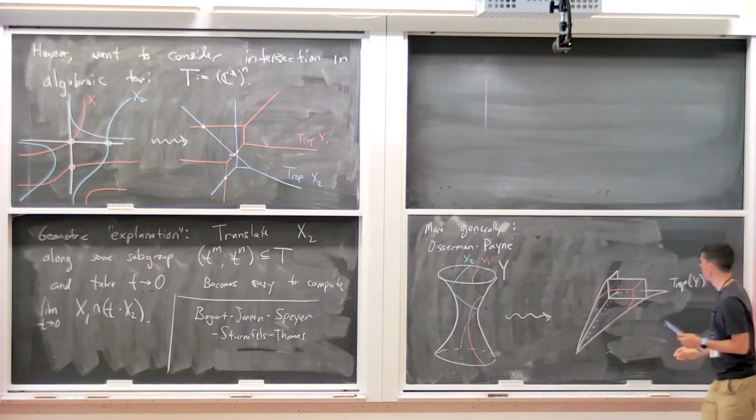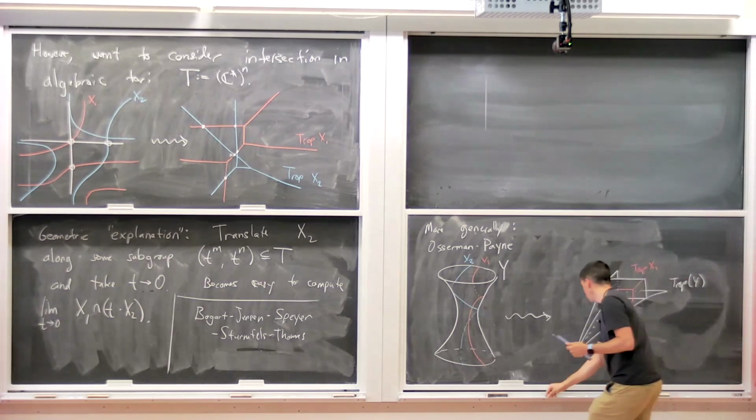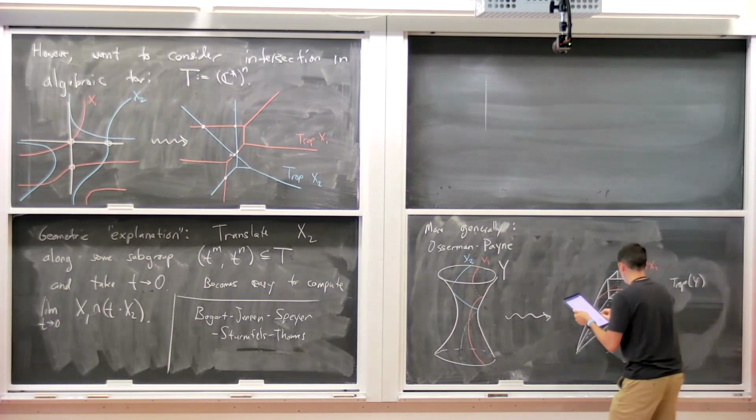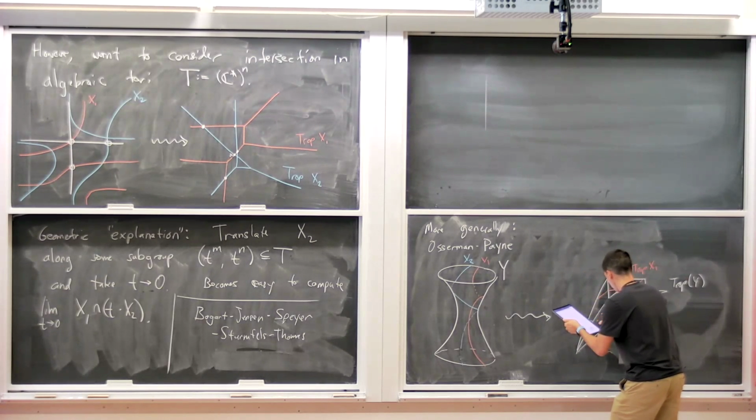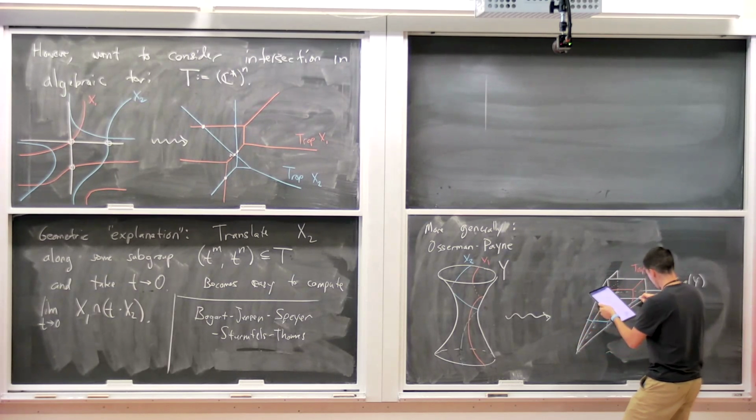Okay, so there's trop X1 and trop X2, which, again, these are so far from being exact anyway that it doesn't matter too much how I draw it.